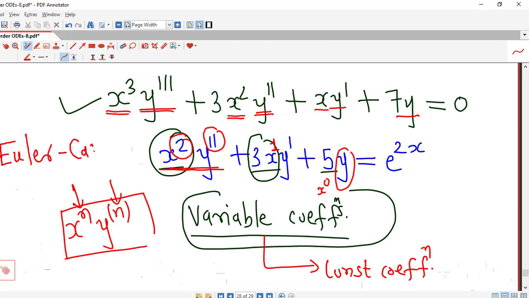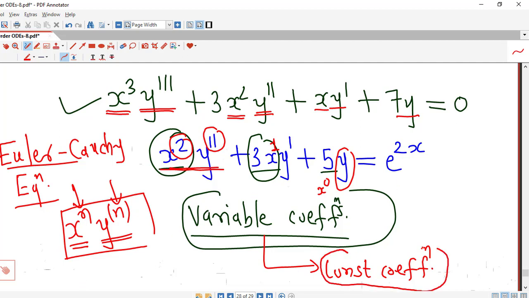So if your differential equation is an Euler-Cauchy equation, that means in each term the power of x and the order of derivative are the same, and we can always convert an Euler-Cauchy equation into a differential equation with constant coefficients.